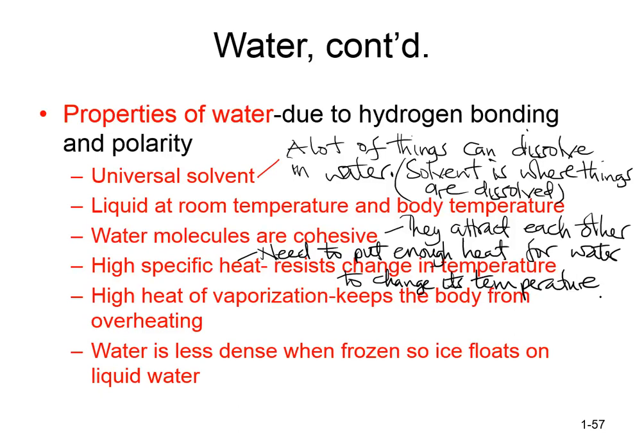So write down all those. A high specific heat means you need to put enough heat for water to change its temperature. It also has high heat of vaporization. You need more energy. So you need more heat to change water to vapor. That's what it means.